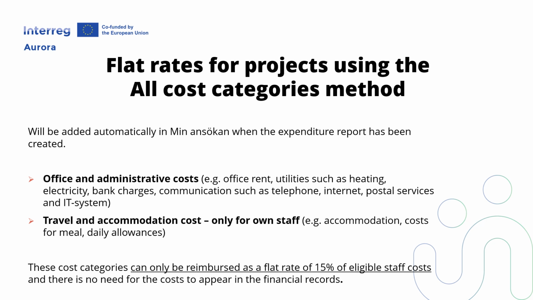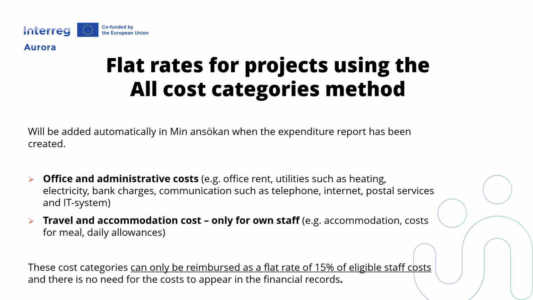For projects using the all costs categories method, the flat rates for the cost categories office and administration, as well as travel and accommodation, will be added automatically by the system based on the reported staff costs when the expenditure report has been uploaded. Shown are some examples of costs that are covered by these flat rates.